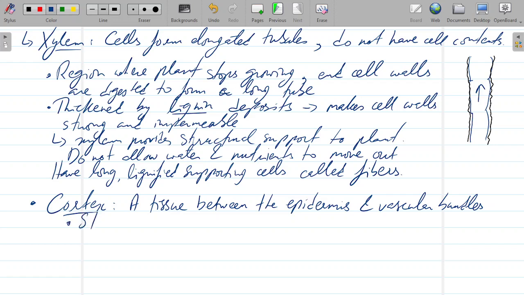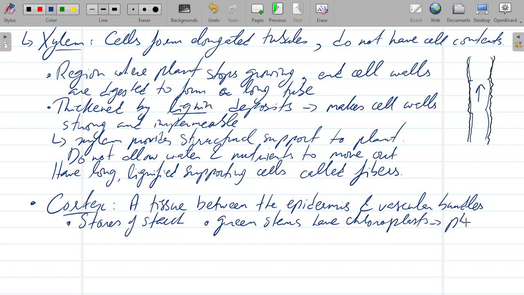So they have stores of starch, and green stems have chloroplasts, and so they can photosynthesize. And within the cortex, there is a central tissue called the pit.